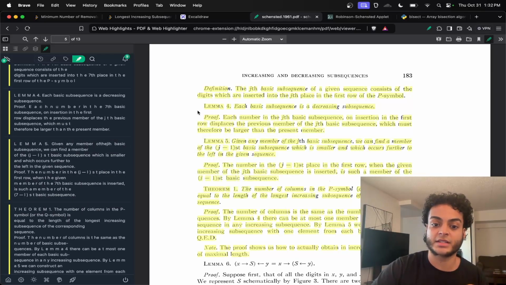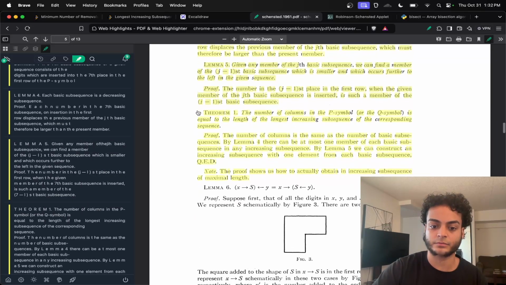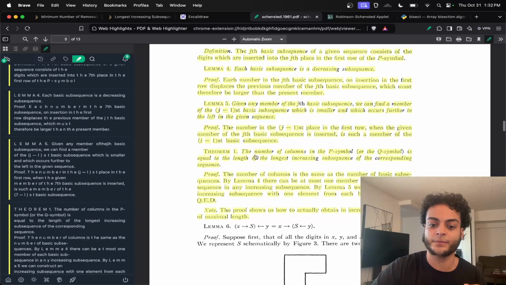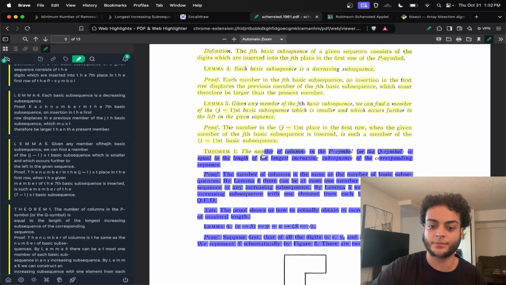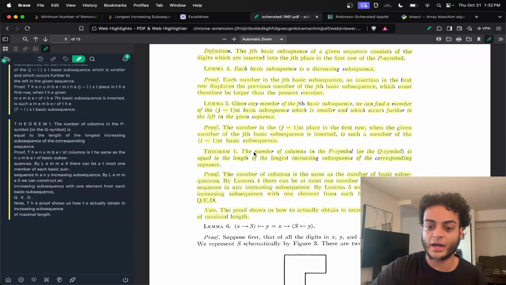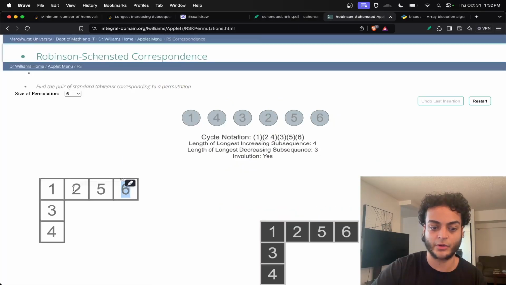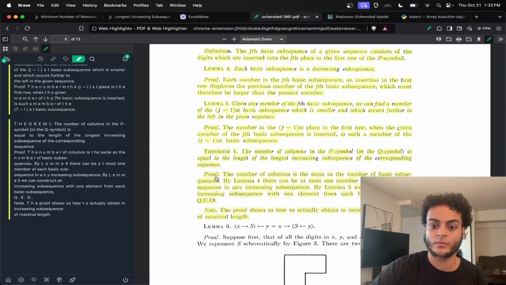He outlines these two lemmas and shows this theorem: the number of columns in the P symbol, which is the same as the length of our top row, is equal to the length of the longest increasing subsequence of the corresponding sequence.